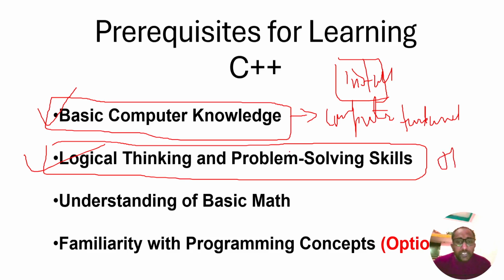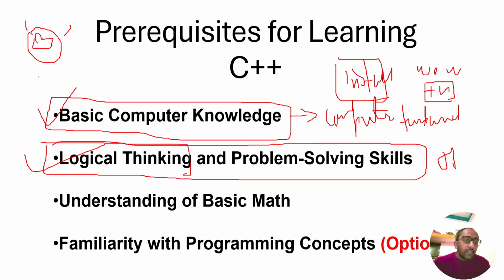Suppose we want to add two integers, two variables, two numbers. Then we compare two numbers. Then what will be the next output? It means we know logical thinking, we have ideas, we have skills.